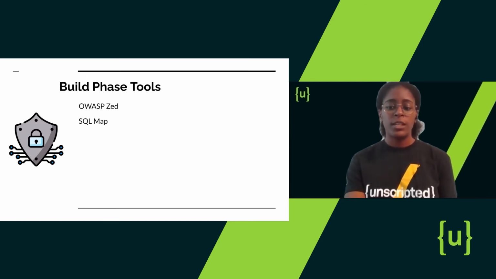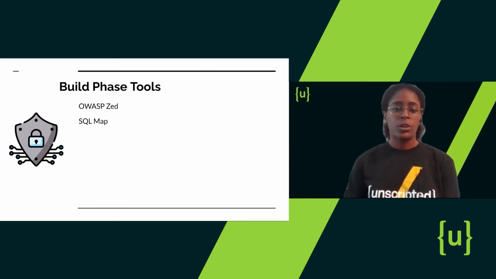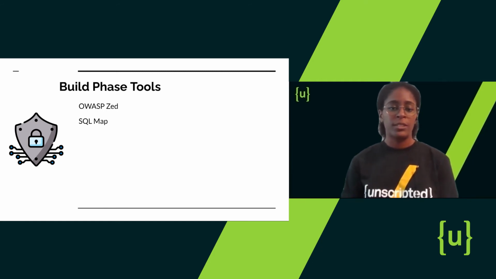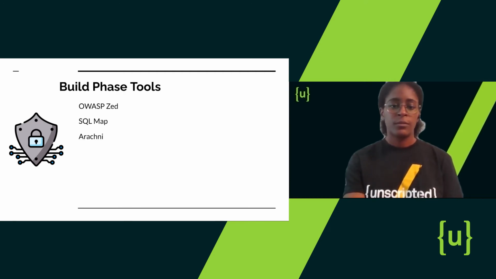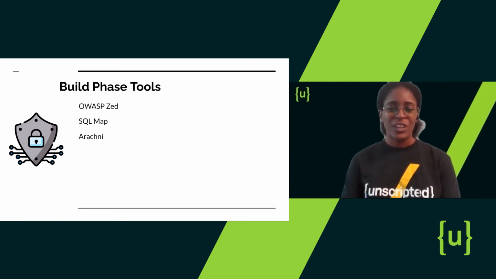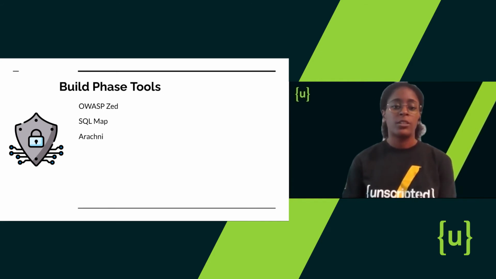The next one is SQLMap, and basically what it does, it goes through your code and makes sure that your app isn't susceptible to any SQL injections. And Arachni is actually one of my personal favorites, just because of all of the testing it does. So this is what's called a SAST tool. Basically, it just runs a check on your static code.